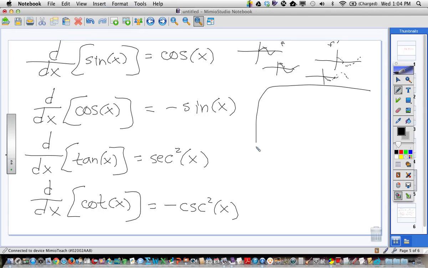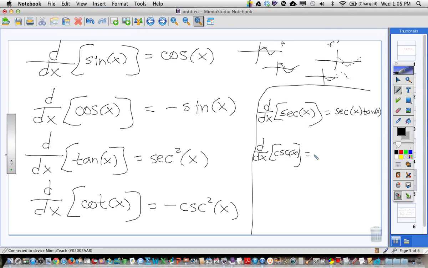So let's finish up those last two. You could probably guess these a little bit once you see the first one. The derivative of secant x is secant x times tangent x. And so the derivative of cosecant is, what do you suppose?